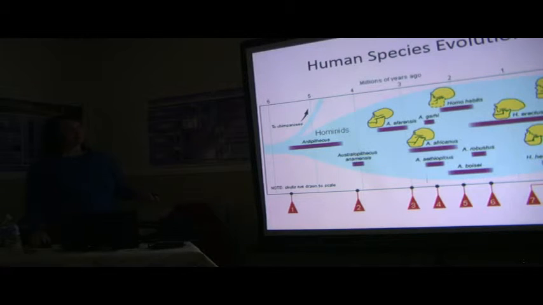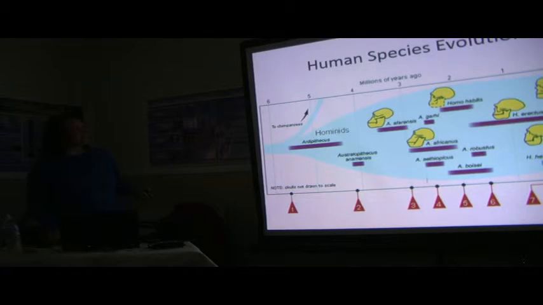So what happens to us after that split? The hominid lineage did not march in a straight line, like from here to this, to this, to this, and then Homo sapiens.